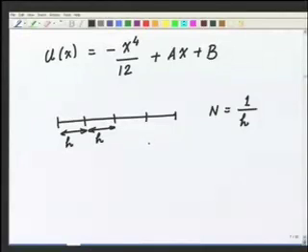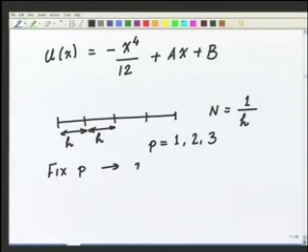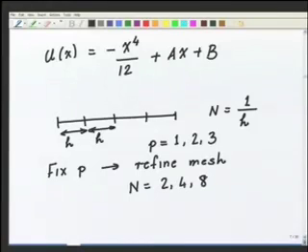What I will do is use an order of approximation over the full mesh of either order 1 or 2 or 3. So what I am going to do is fix p, and then refine the mesh. That is, I am going to take n equal to 2, 4, 8, 16, 32, 64 and so on.